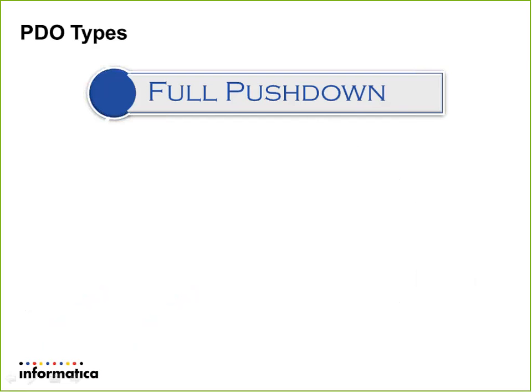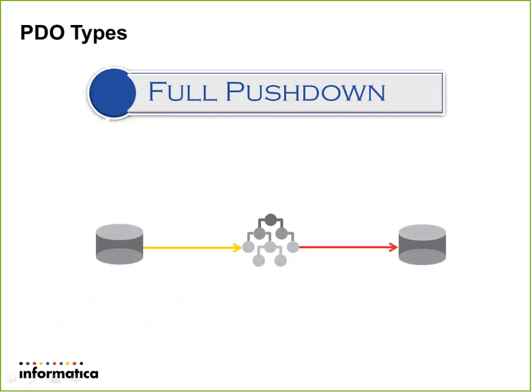Full pushdown optimization could be configured for mappings that involve databases both as sources and as targets. Please note that the full pushdown does not necessarily mean that the entire mapping is processed in the database. When a session for full pushdown is run, the integration service analyzes the mapping from source to the target or until it reaches a downstream transformation that it cannot push to the target database.